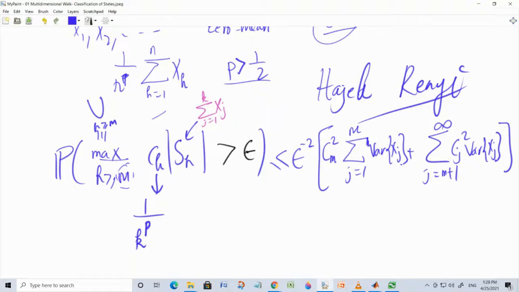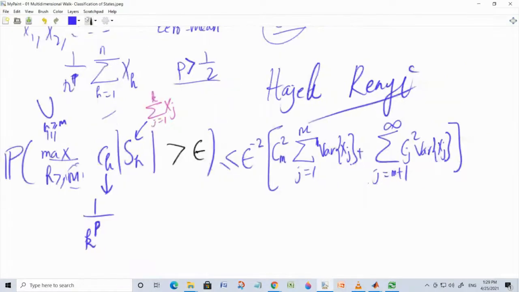Now, to show almost sure convergence, we study a probability as such, and we need to show that as m goes to infinity this probability will go to 0. We use bounds to apply the sandwich theorem, and if we can show that the upper bound will decay to 0 as m goes to infinity, we are done.